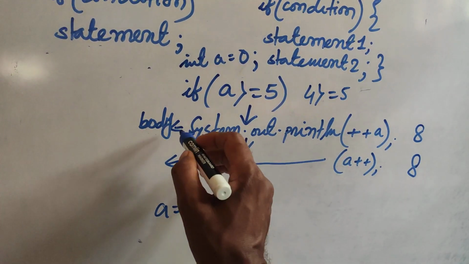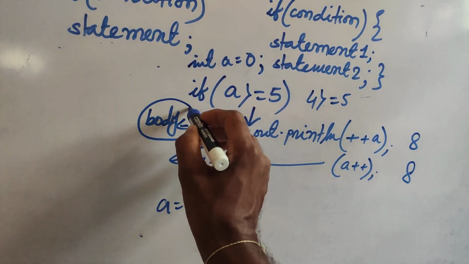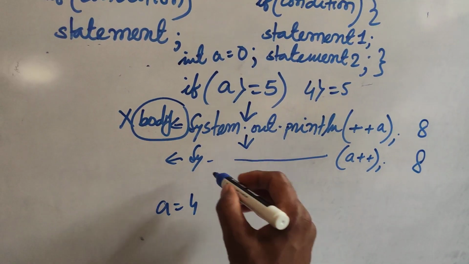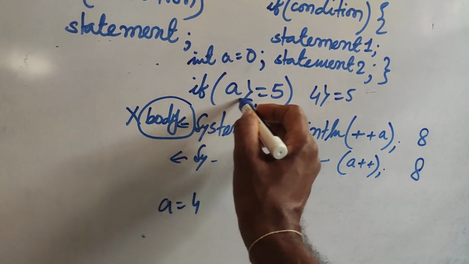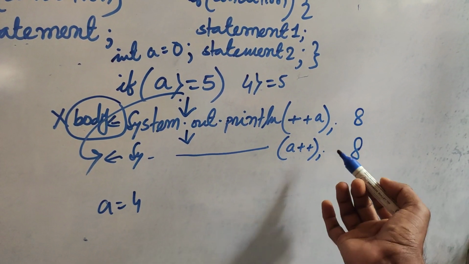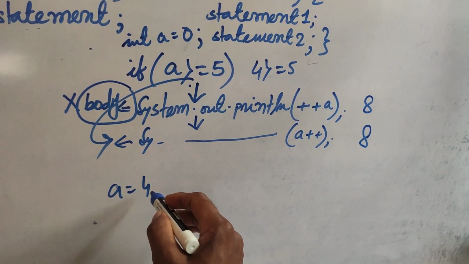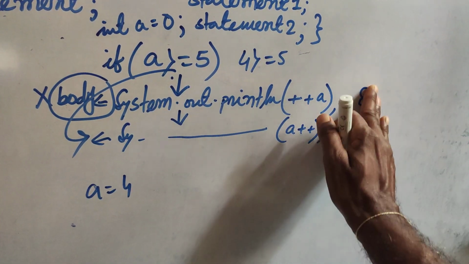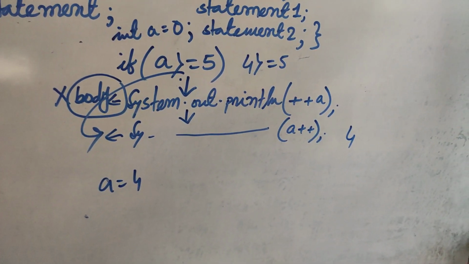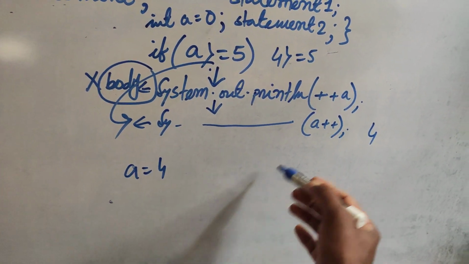So false means the body of the if statement will not be read. Then in general that statement, since it is false, it jumps here and reads this one. a plus plus, same. The computer first prints, that means the computer displays only 4 here, because I am taking 4.